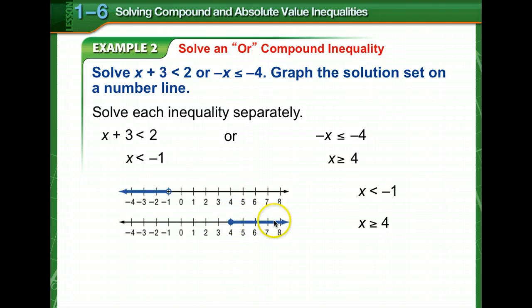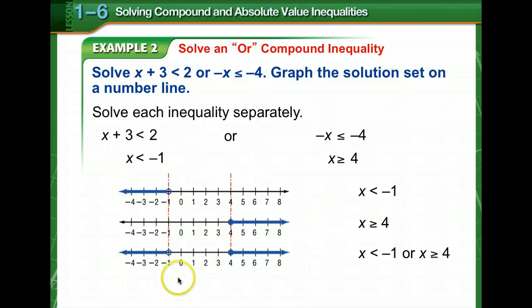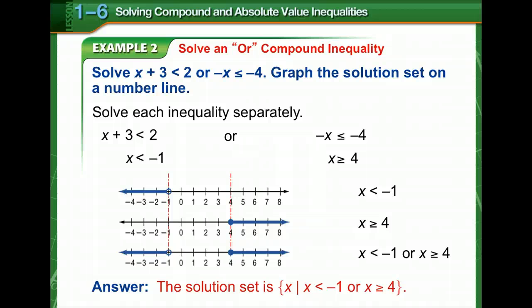And then 4 is a closed circle. So the union, which means it includes both of these answers, they're going in opposite directions. So that is an or. The solution set is x such that x is less than -1, or x is greater than or equal to 4.